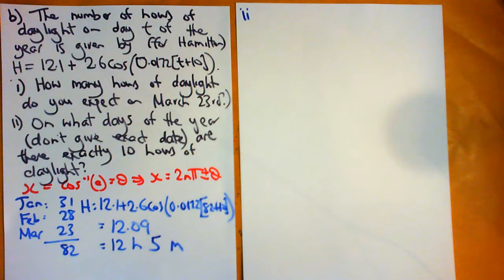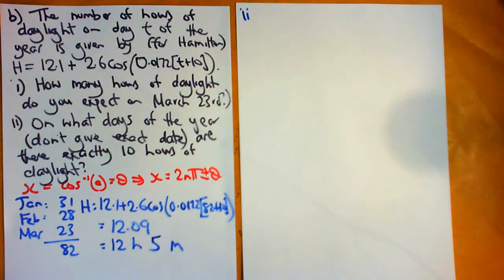So we'd expect answers closer to 180 than to 0 or to 365. As there are 365 days in the year, we're expecting solutions to be between 0 and 365.